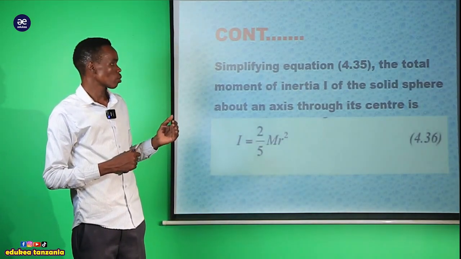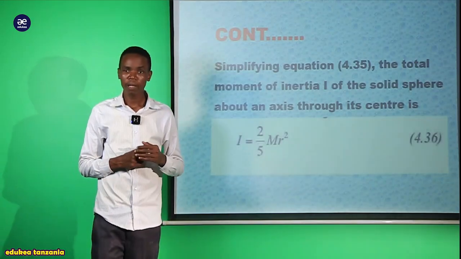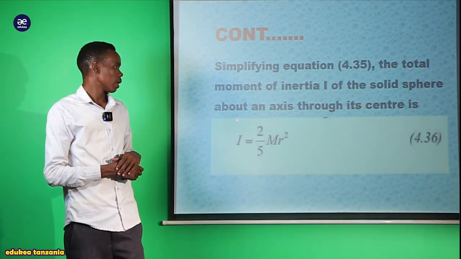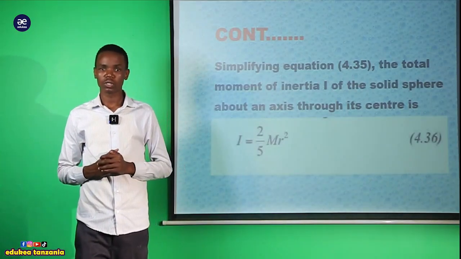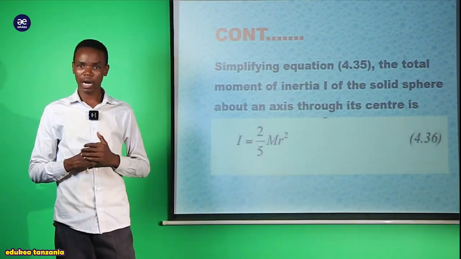Now we should get the total moment of inertia I of the solid sphere about an axis through its center, which must be equal to 2/5 mr square.